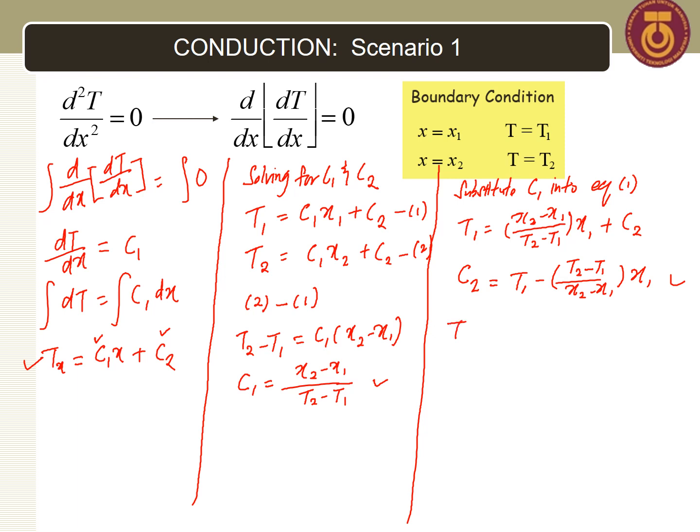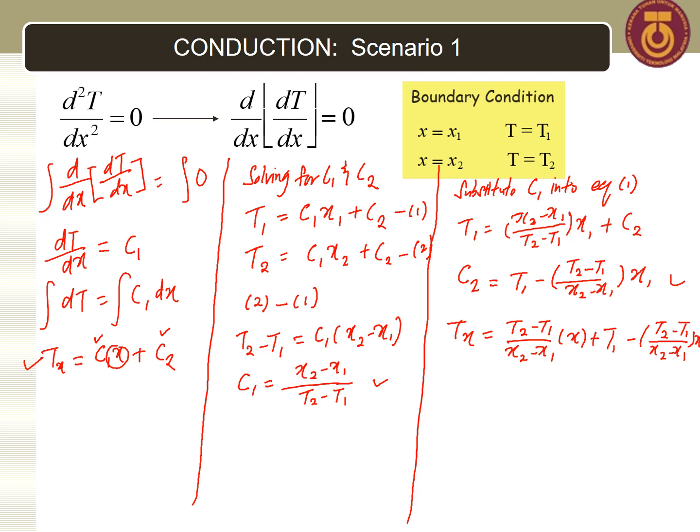Now we can substitute C1 and C2 into this equation. So T(x) equals, C1 equals T2 minus T1 divided by x2 minus x1 times x, because here is x, then plus T1, because C2 equals T1 minus T2 minus T1 divided by x2 minus x1 then x1.